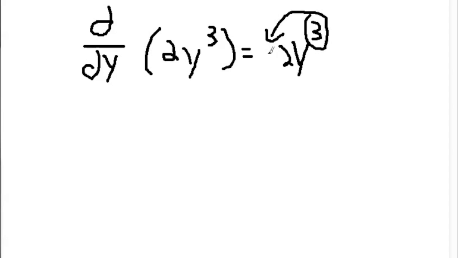As you can see, don't forget to write in your coefficient. Then subtract 1 from your power. Are you starting to see a trend now?